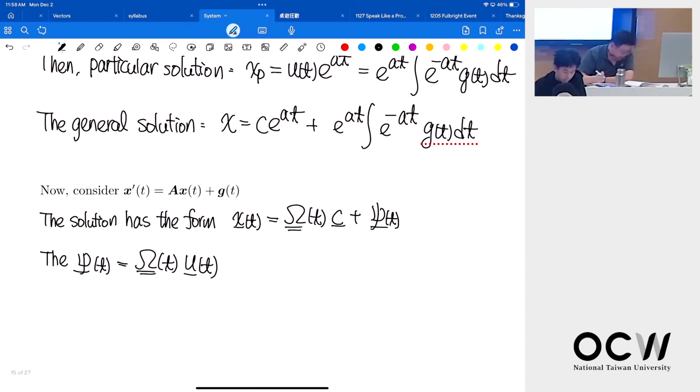Then when you take the derivative of the phi, you have omega prime u using the chain rule.